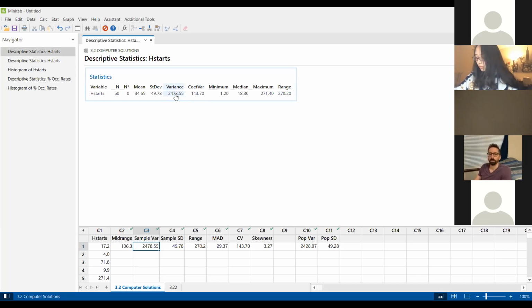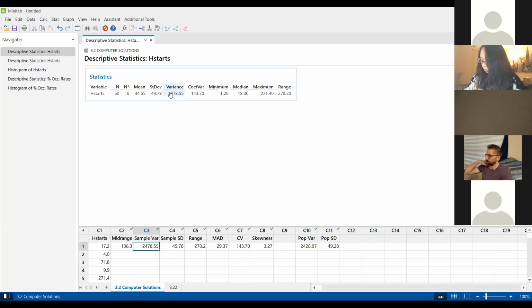If the denominator of this is 49, and you want to make the denominator 50, you take this number and multiply by 49 divided by 50. The 49s will cancel, and you're left with the numerator divided by 50. So this value is 24,785. You just multiply it by 49 divided by 50, and you'll get your population variance if you knew that the data set was a population and not a sample.